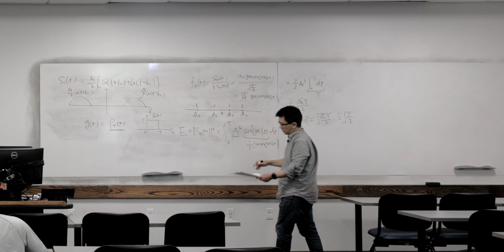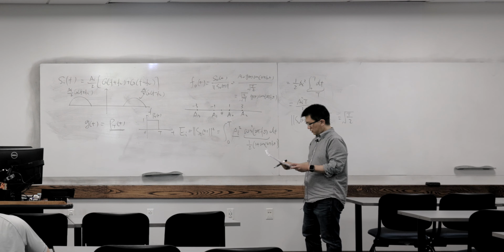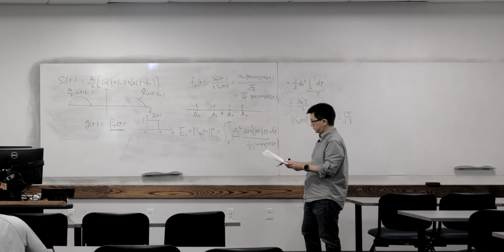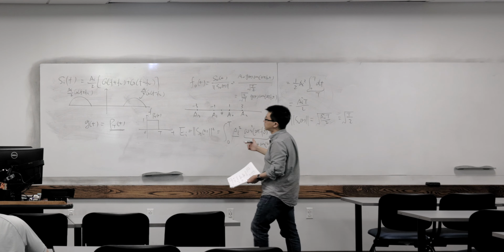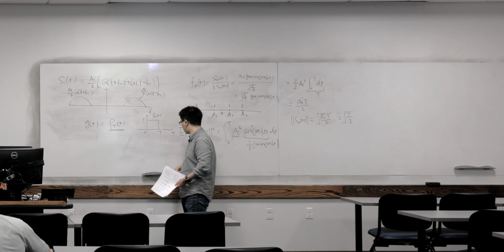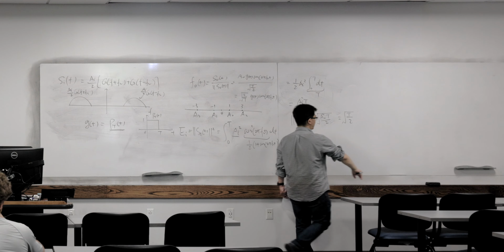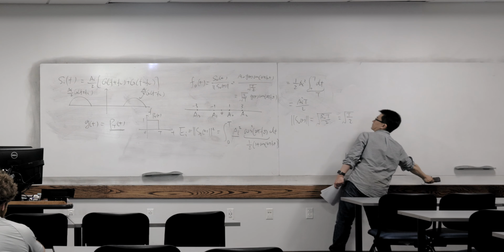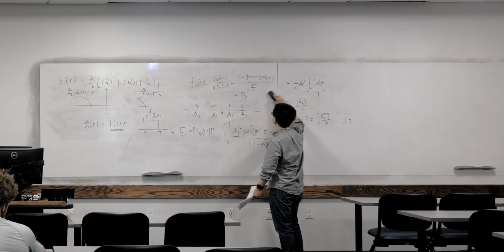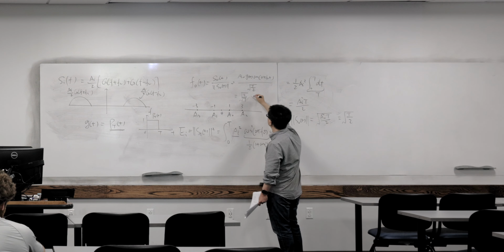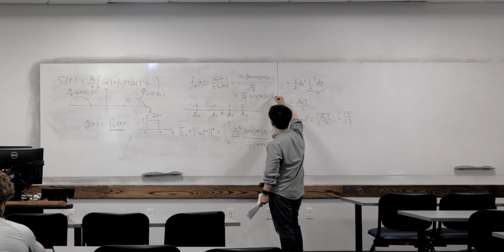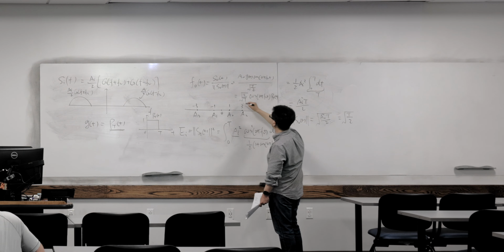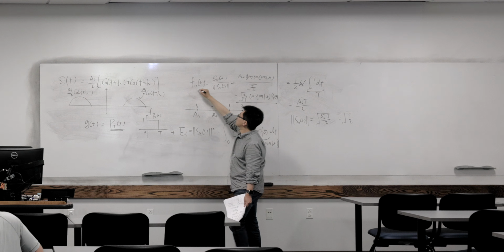So this is our f_0. And we know that g(t) is given by p(t), so we can replace it by p(t) and write cosine 2 pi f_c t p(t). So this is our f_0.